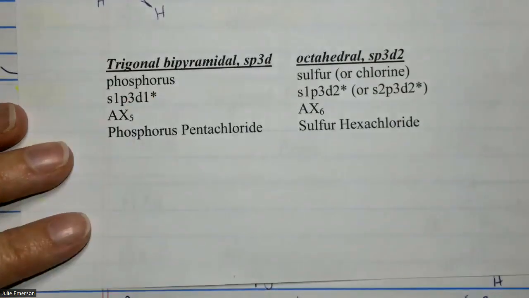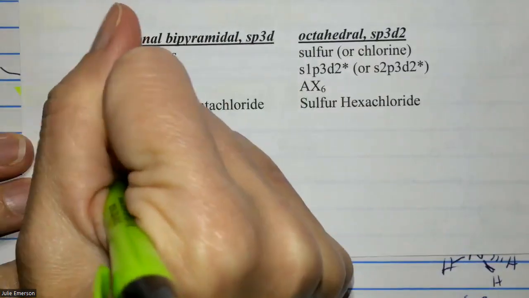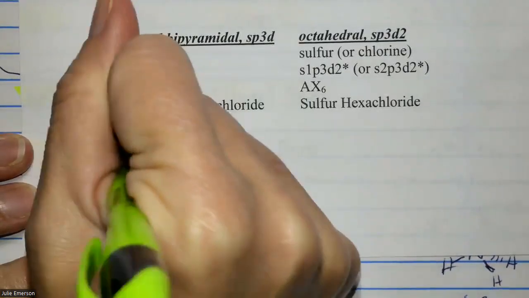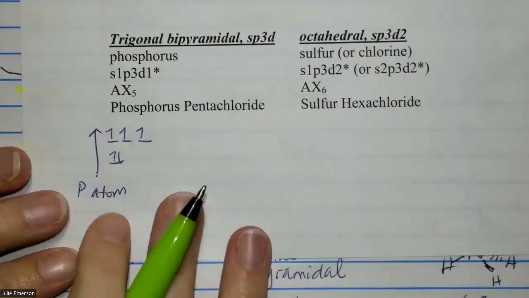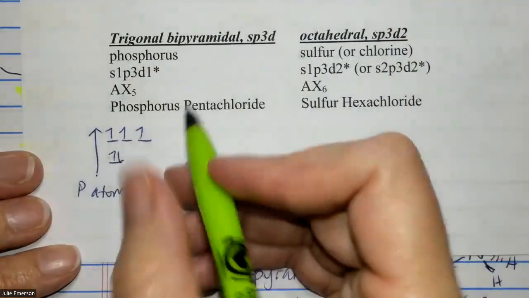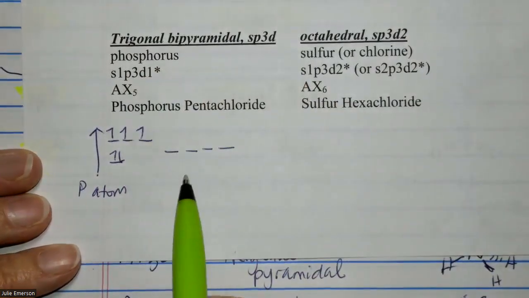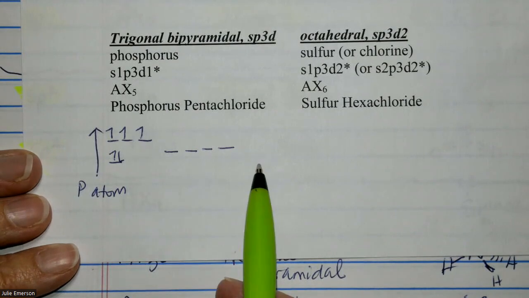Okay, so for phosphorus, we had mentioned if we look at phosphorus just by itself as the atom, it has a 3s2, 3p3. What's different from nitrogen is that when nitrogen hybridized, it went with only 4 orbitals, a lone pair and 3 bonding sites, and that was it.